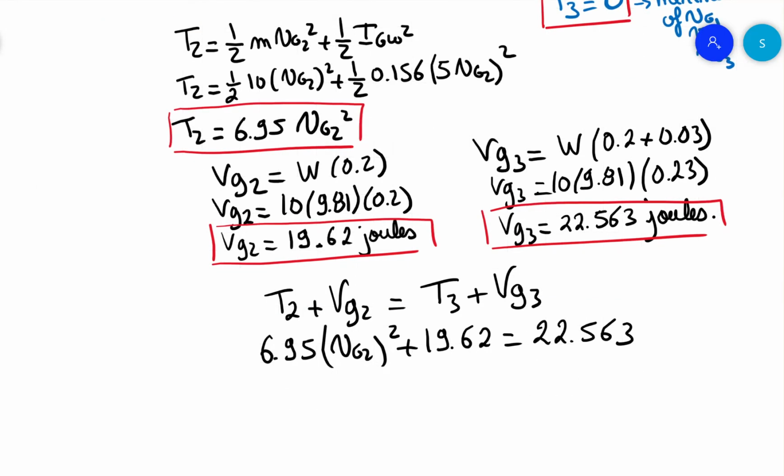You play with that and you find Vg2, don't forget the square root. So square root of 22.563 minus 19.62, everything in parentheses, divided by 6.95. This is 0.651 meter per second. This is Vg2.